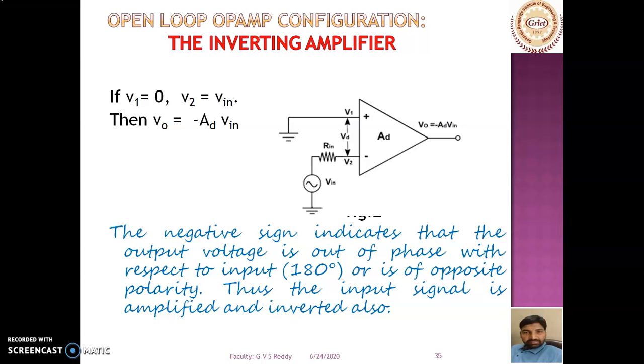The negative indicates that the output voltage is out of phase with respect to the input signal, or 180 degrees. That is, the output signal is of opposite polarity when compared with the input signal in an inverting amplifier. Thus, the input signal is amplified and inverted also.